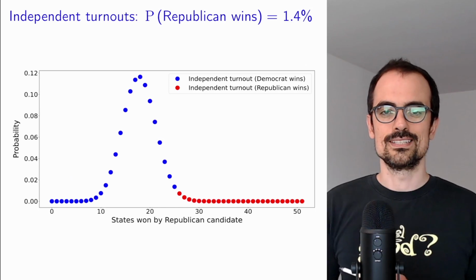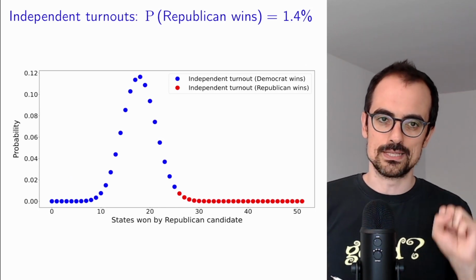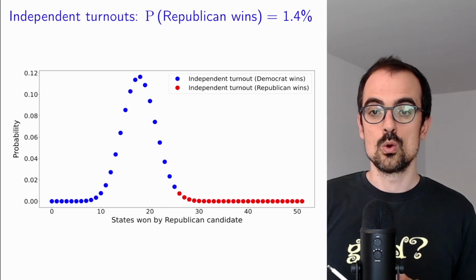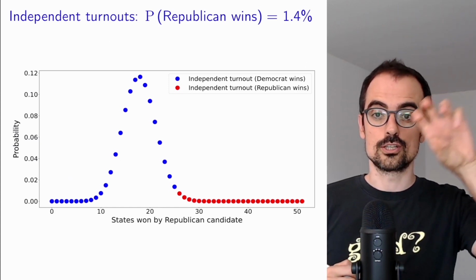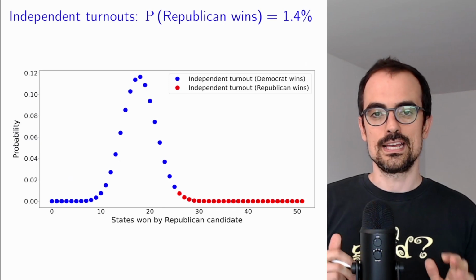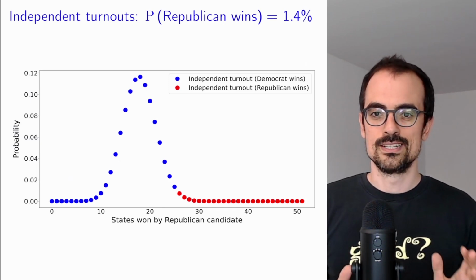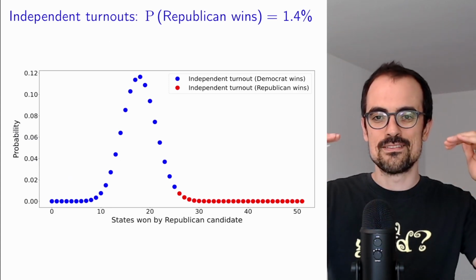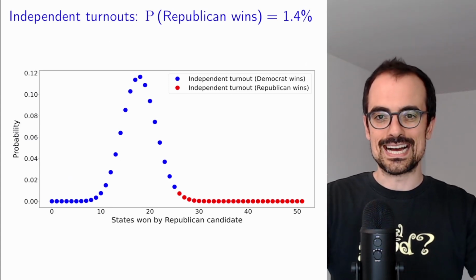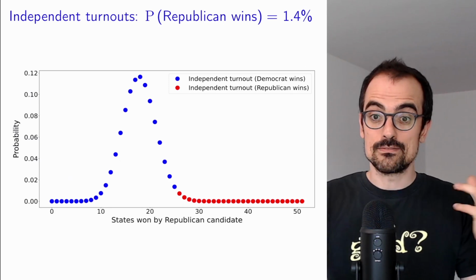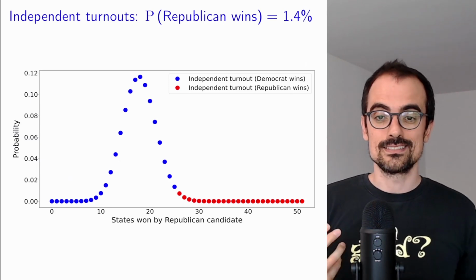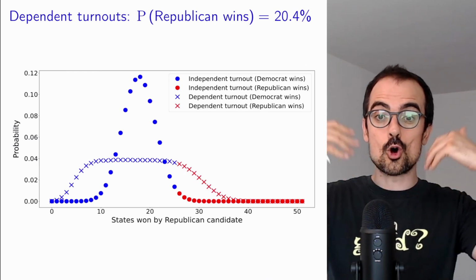So if we do that in our case, this is just to show you what happened before with independent turnouts, where there was a different turnout in each state. The probability that the Republican would win is 1.4 because it was very unlikely that all the turnouts would be high at the same time. But if the rule turnouts are very dependent, they're high for all the states.